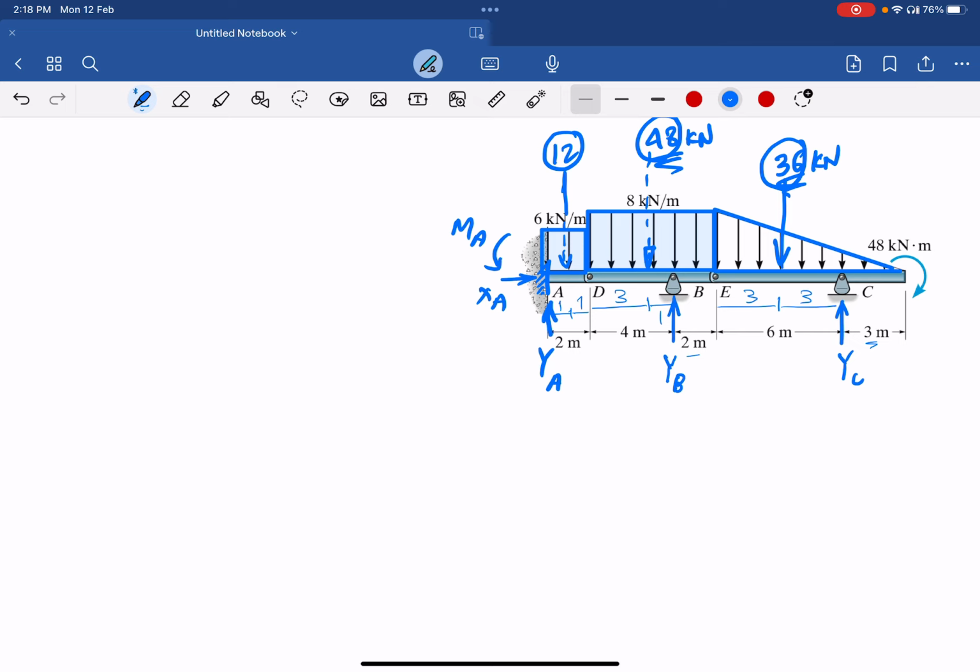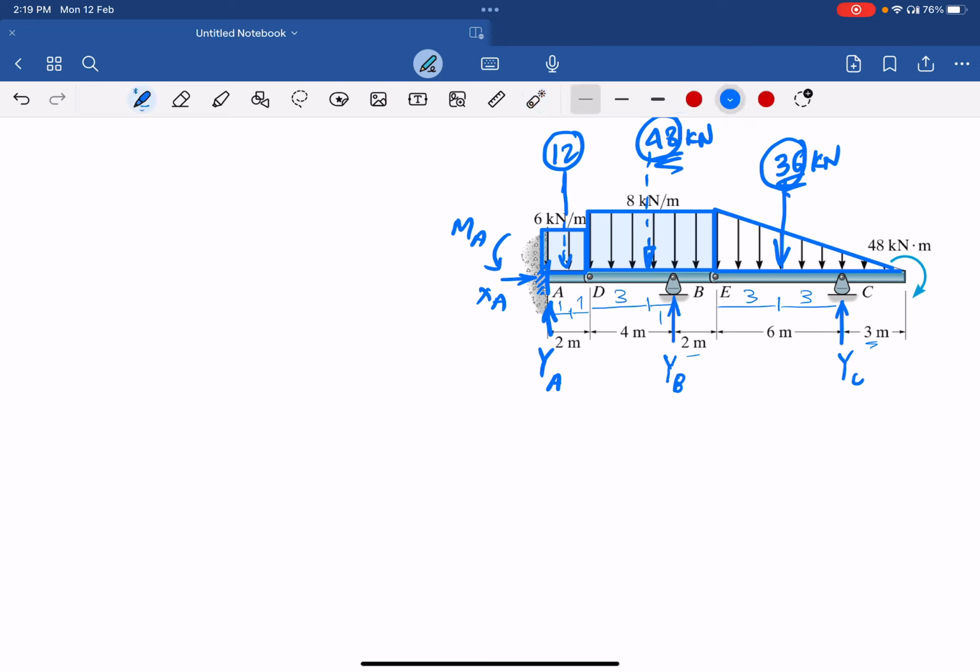So we got all the resultants: the first triangle, the second rectangle, the third rectangle, and the position of the resultant of each. Now we can start our calculation using the 3 equilibrium equations to get the unknowns. The easiest one to get is X at A, because we don't have any other X in this problem.